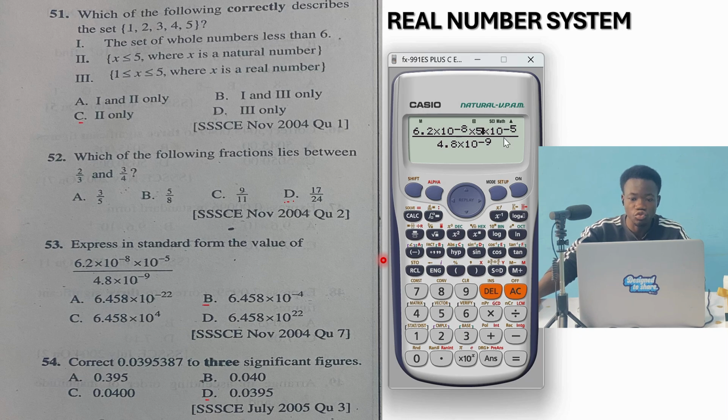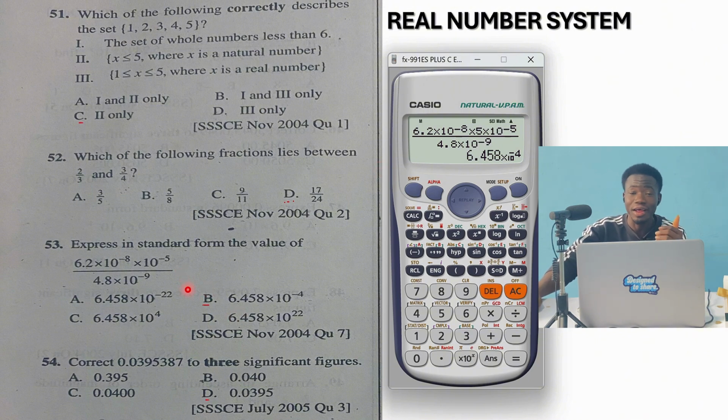So 6.2 times 10 exponent -8, and then times 5 times 10 exponent -5. When you have this, then you have the value that they want, 6.458, which is option B, and that is why they have that option. But the 5 is not there, which means that the correct answer would not be inside here.